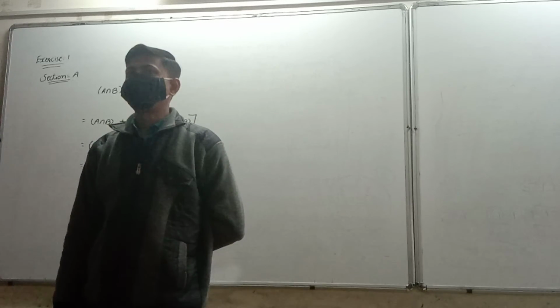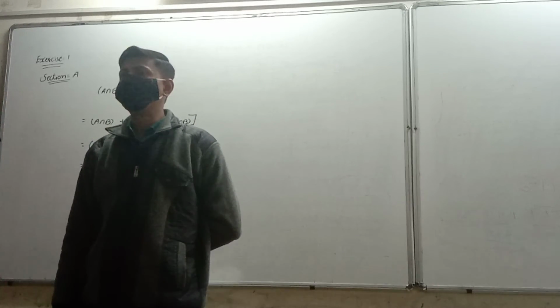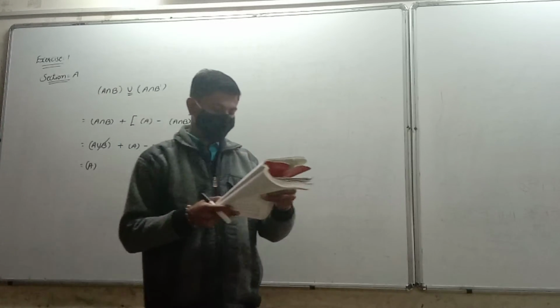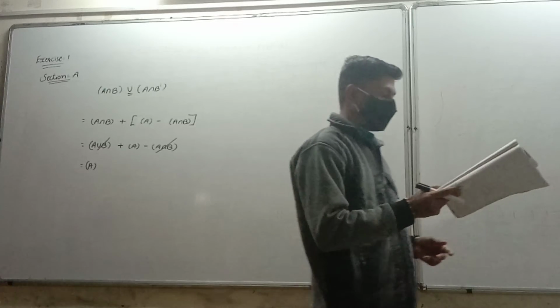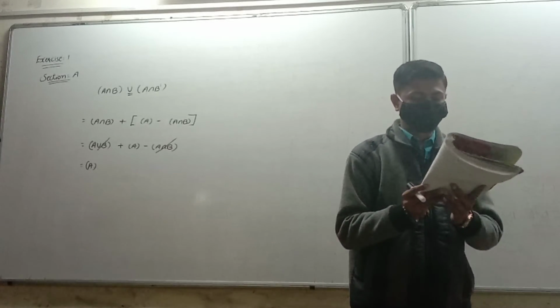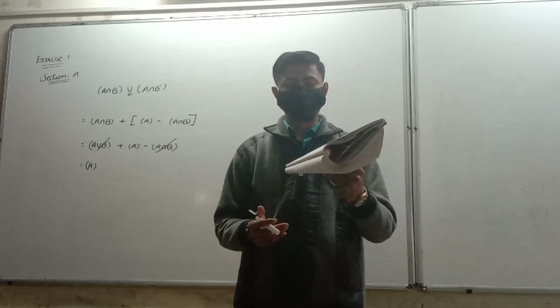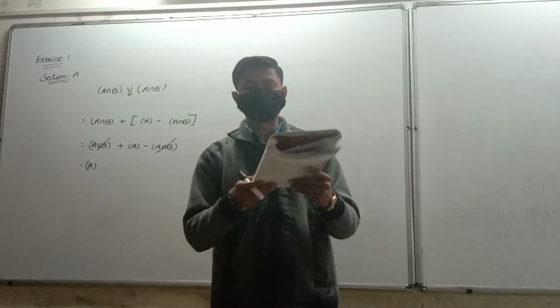So here P of A union B union C is equal to U is equal to 1. Now next, arrange P of A union B, P of A intersection B, 0, P of A plus P of B in ascending order.